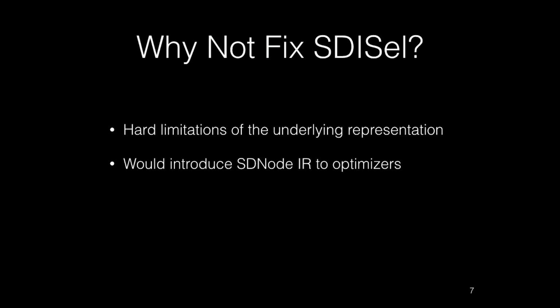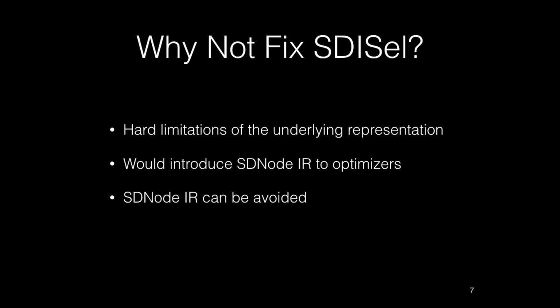So you would introduce yet another intermediate representation, the SelectionDAG node representation, to optimize. That means you will now have three different intermediate representations to choose from for where you should put your optimization: the LLVM IR, the machine instr, and the SelectionDAG node. That doesn't seem compatible with making it easier to maintain and understand.